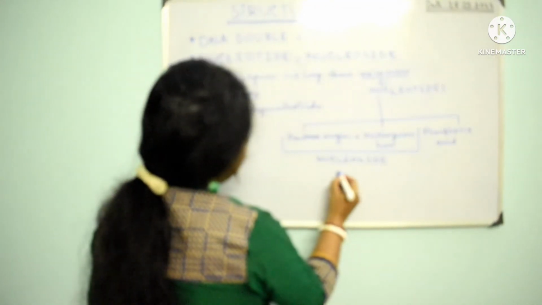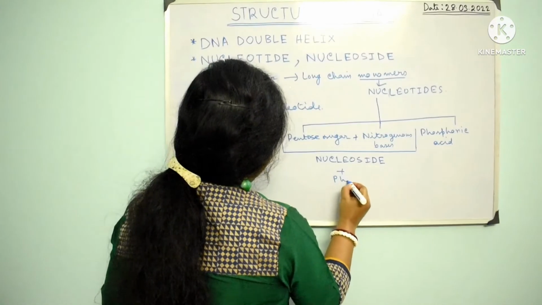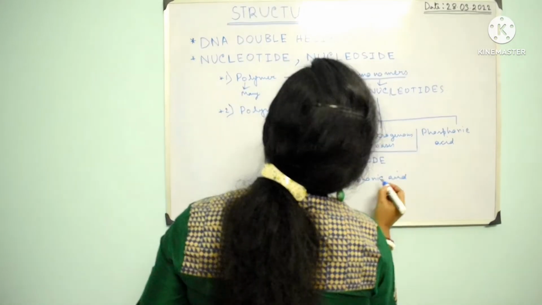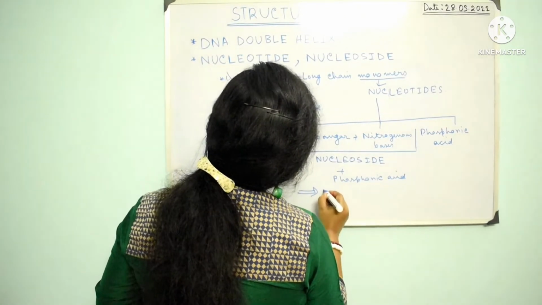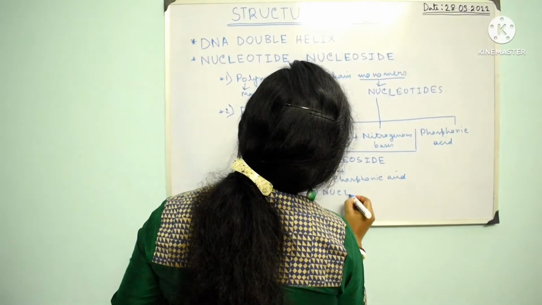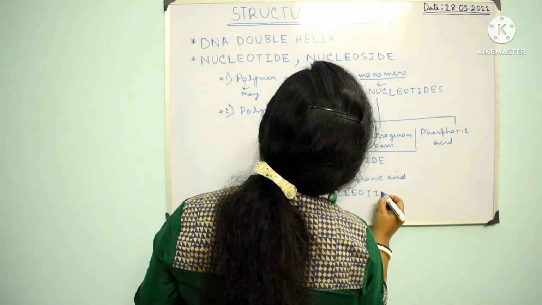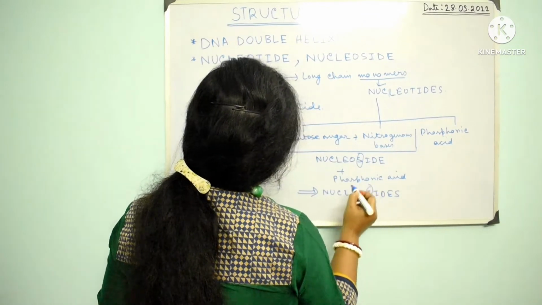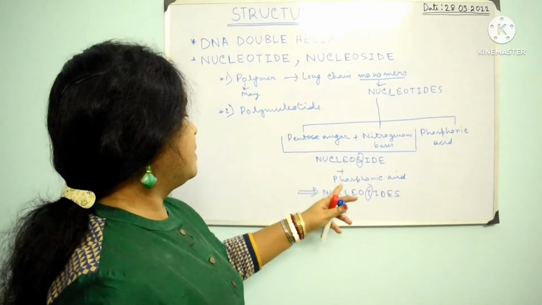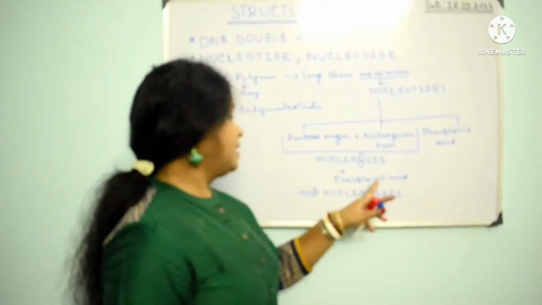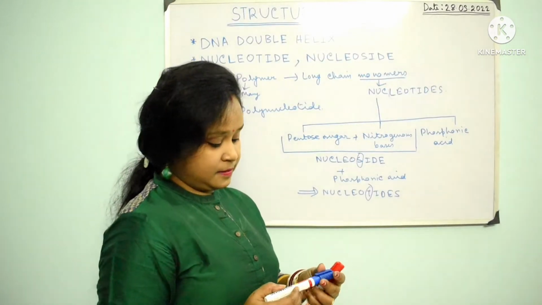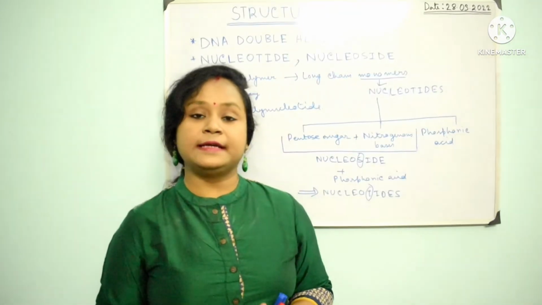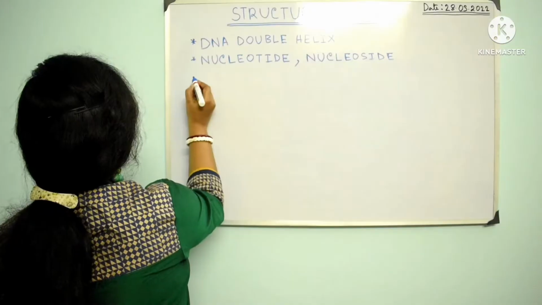And nucleoside plus phosphoric acid is known as nucleotide. Nucleoside, when attached with phosphoric acid, becomes nucleotide. Here we are going to study in detail the structure of nucleotide.